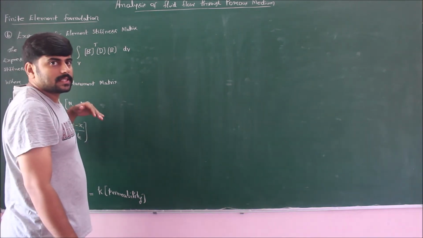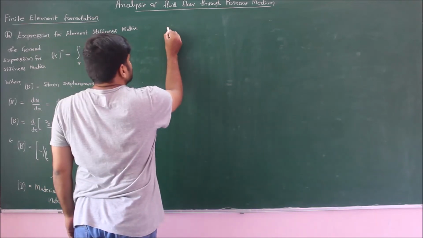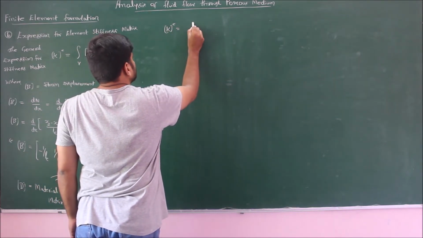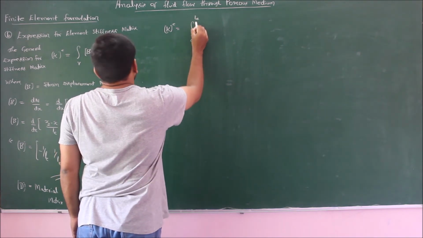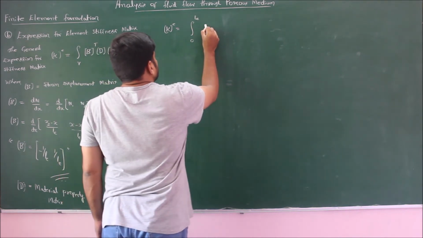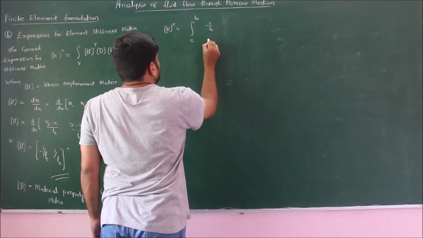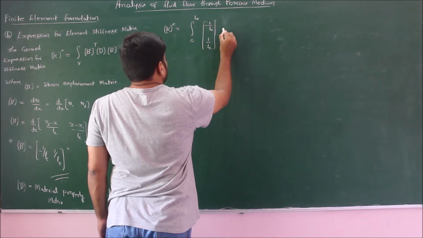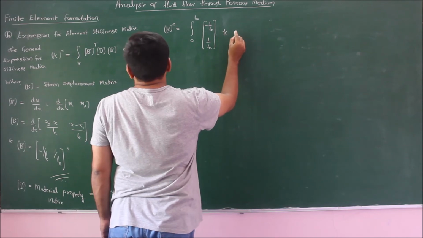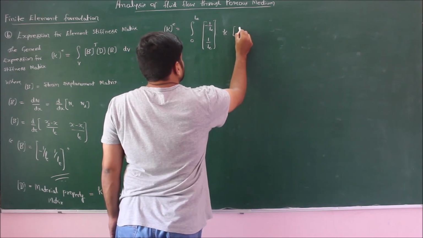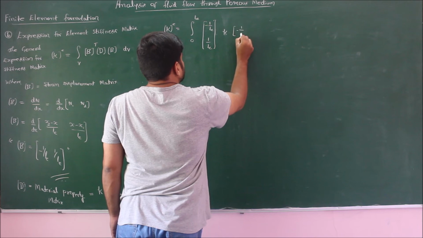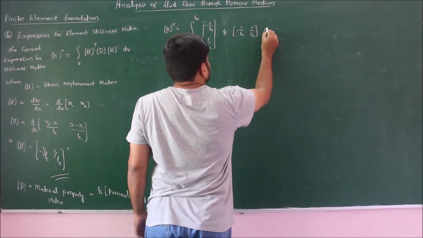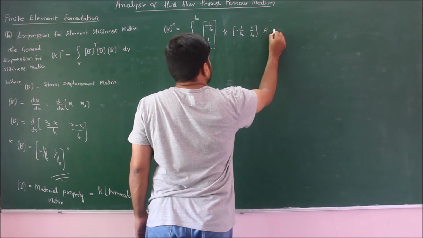Substituting these into the equation and solving, I will get the element stiffness matrix K of any element as the integral over the length of B transpose, that is minus 1 by Le, plus 1 by Le, into the material property matrix, permeability, times the B matrix, that is minus 1 by Le, plus 1 by Le. We have changed the volume integral to an integral over the length, that is A into dx.